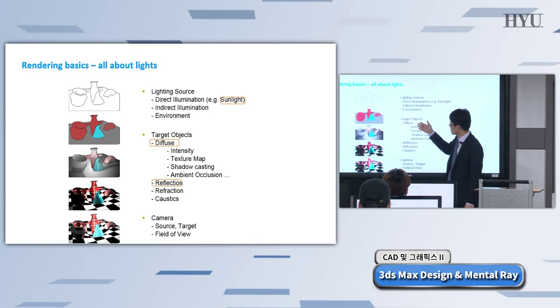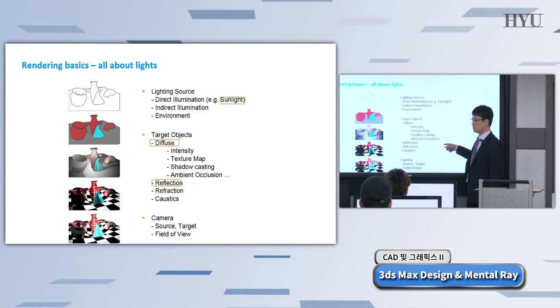Under target objects, diffuse, reflection, refraction, caustics, or even special effects are all about rendering and visualization. But one set of those terms, intensity, texture map, shadow casting, or other special features, is under diffuse, and also under reflection, also under refraction.